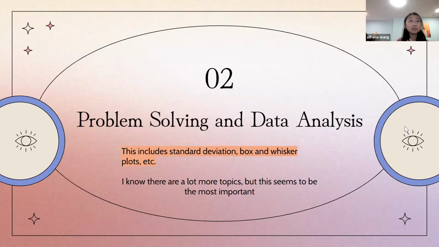So now we're moving on to the problem solving and data analysis part. This section, I'm not going to cover every single thing because there are many topics, but I saw that most of you requested things like standard deviation and box plots.